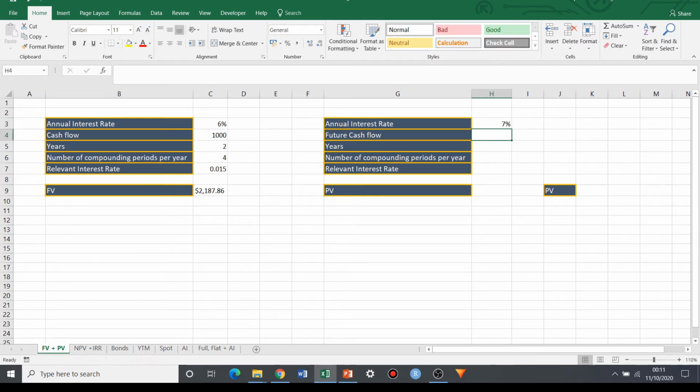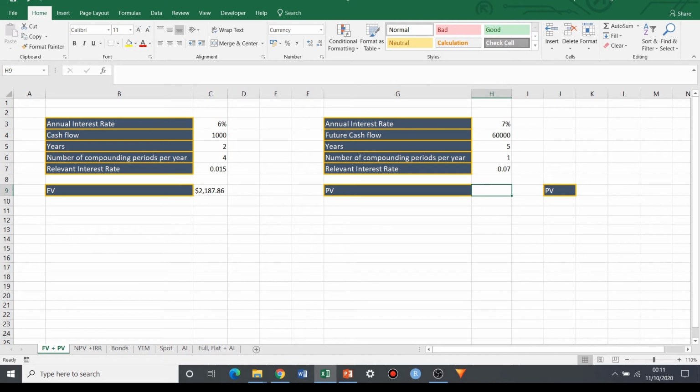Well, it's just going to be $60,000. How many years? It's going to be 5. What's the number of compounding periods per year? Just 1. And so, as a result, the relevant interest rate that we're going to apply is just calculated by dividing H3 by H6, which is just 7%.